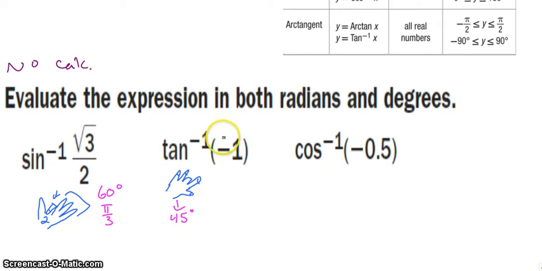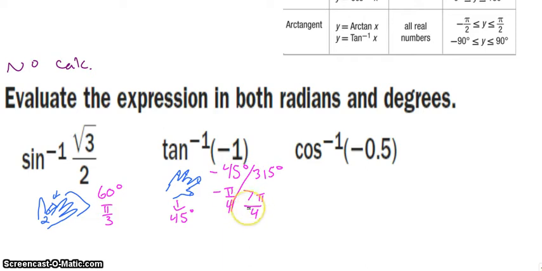Because I want my value to be negative, I know that I need to put it in the fourth quadrant. So it would be -45 degrees and -pi/4, or if you prefer only looking at positive angles, -45 degrees would be 315, and just a little bit shy of 2 pi with the denominator of 4 would be 7 pi/4.